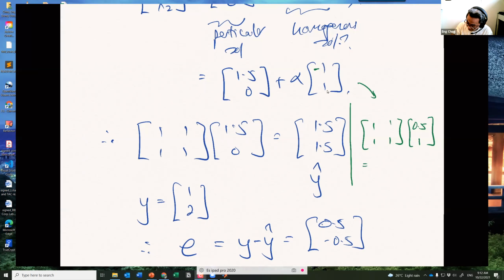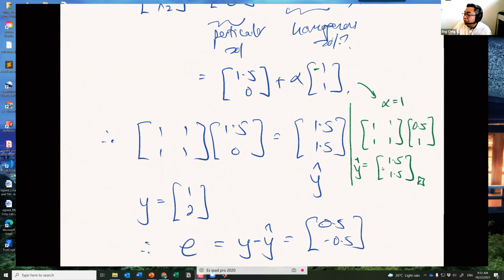So what would I get, guys? I'll still get 1.5 on the top and 1.5 below. So choosing alpha equals 1, you will see that regardless of any alpha I do, the final y hat does not change. And that is why we call this the solution of the homogeneous equation, because changing the parameters here doesn't change the solutions at all.